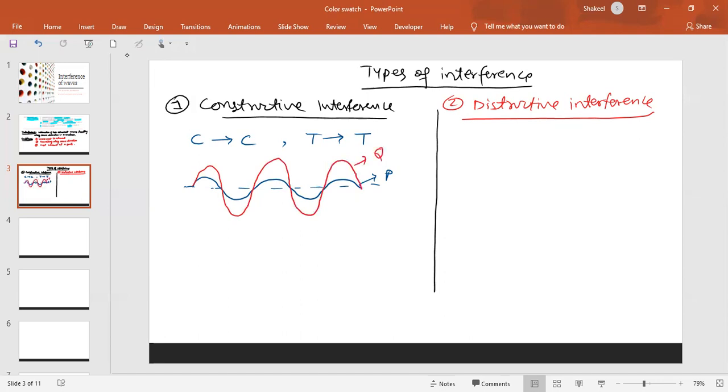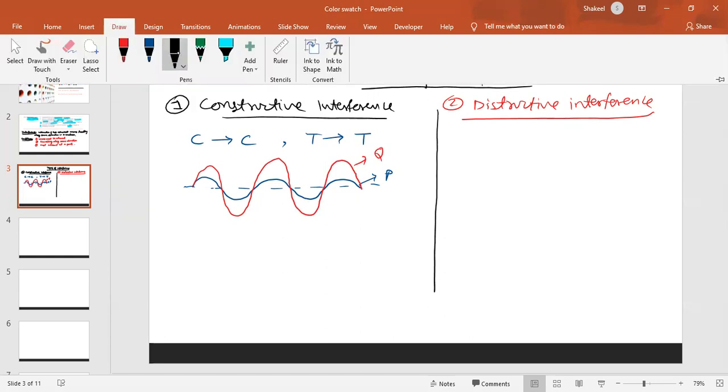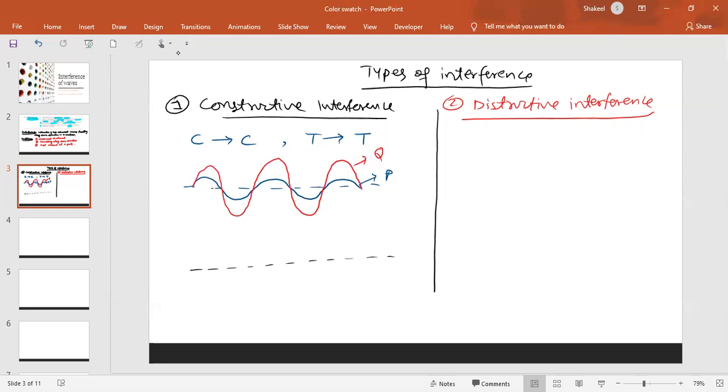And of course, the amplitude of Q is bigger than the amplitude of P. So what would be the resultant pattern? You have to add both the amplitudes, as the principle of superposition says that the resultant amplitude of two interacting waves is the sum of the amplitudes of the two interacting waves.